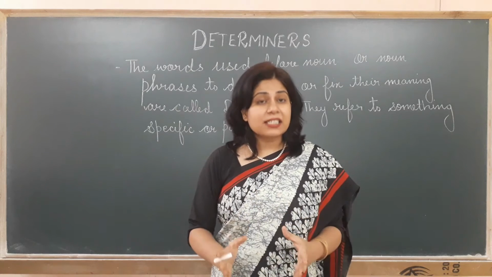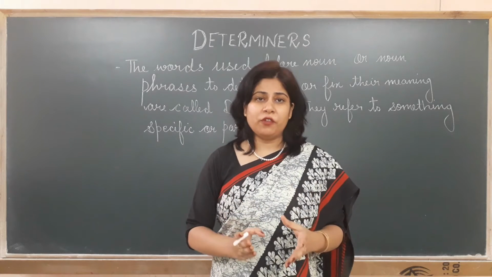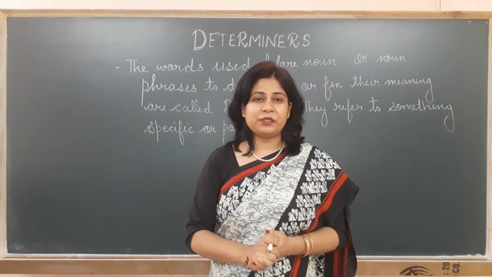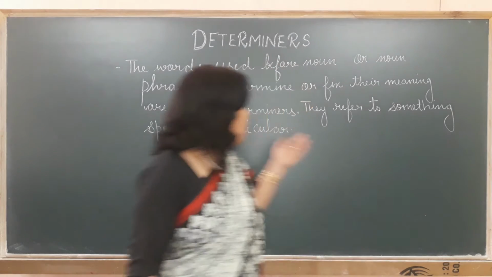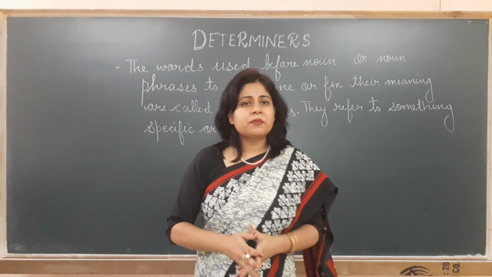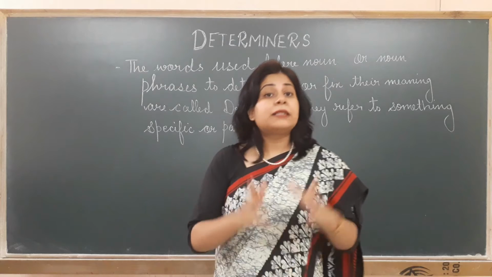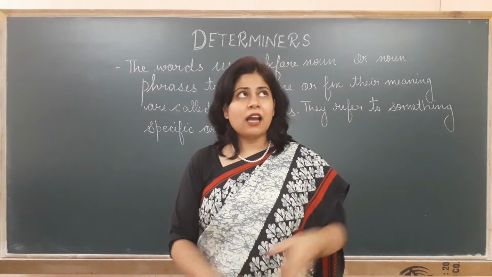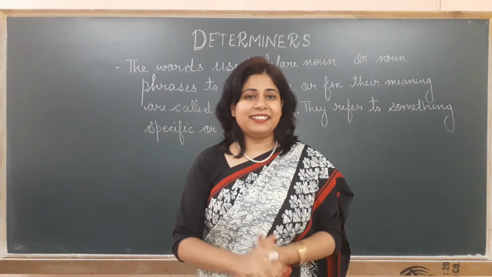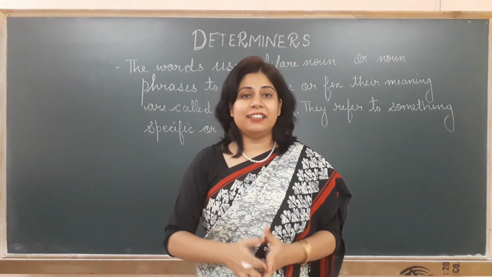So, determiners are the words used before nouns or noun phrases to fix their meaning. They refer to something specific or particular. For example, the best boy, that tube light, every child, my uncle.